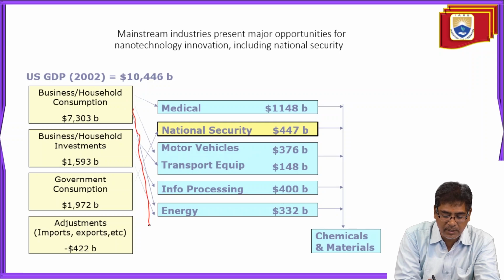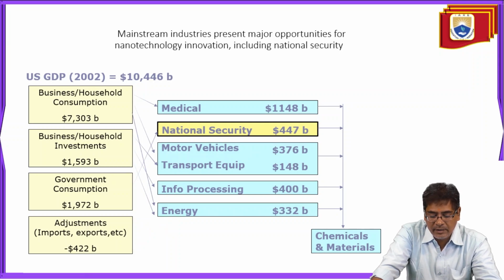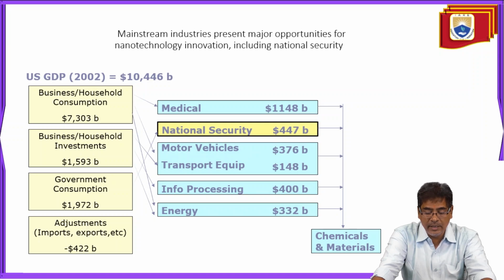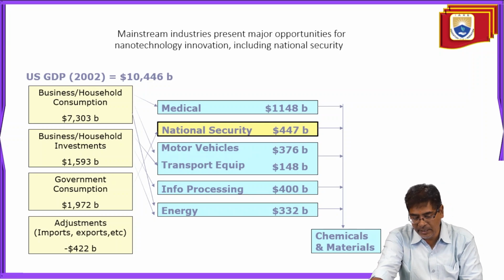Business consumption for energy is around $332 billion, information processing around $400 billion, motor vehicles $376 billion, transport equipment around $148 billion, national security $447 billion, and medicals around $1148 billion.